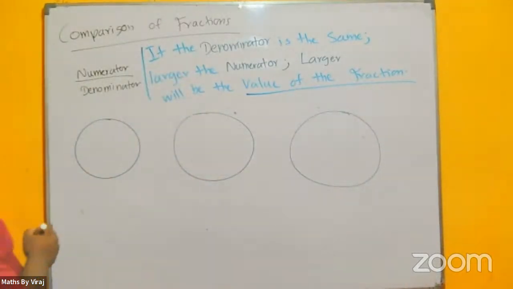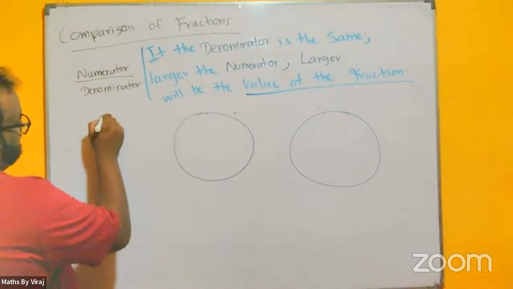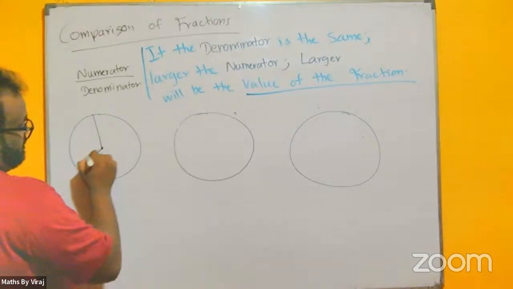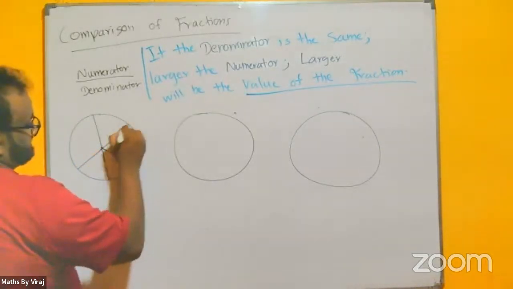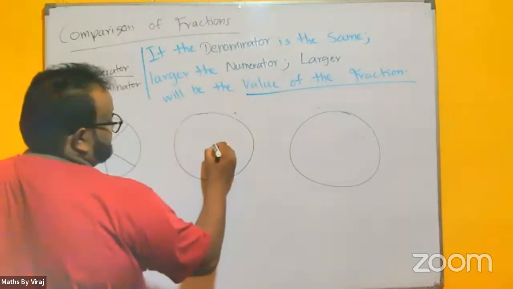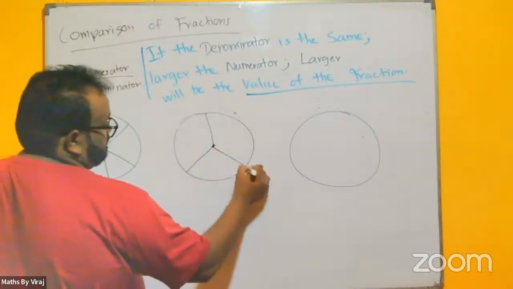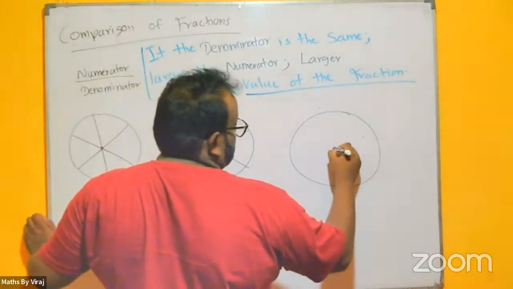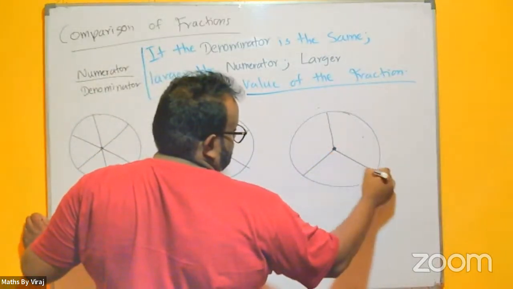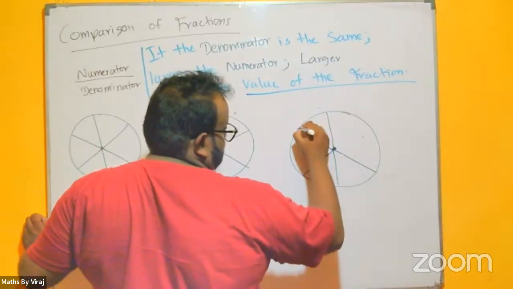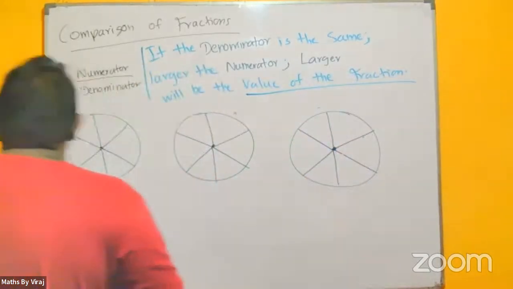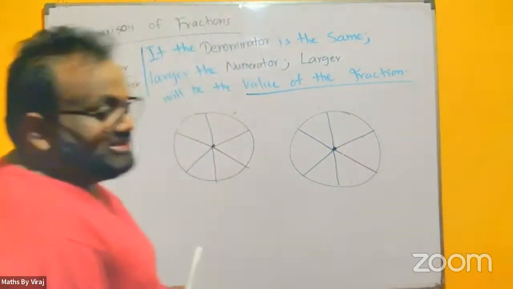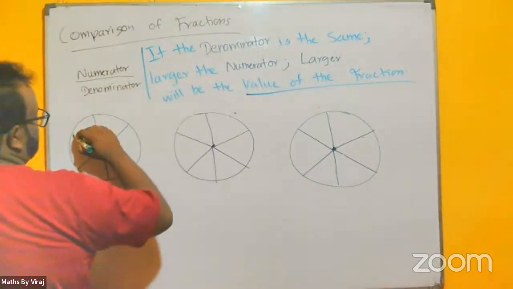Assume that these are three equal cakes again. Now I am going to cut each cake into three parts. I mean 6 parts, sorry. Now I have cut this into 6 parts. Now tell me which one is the largest part.